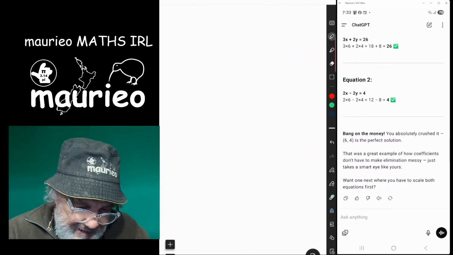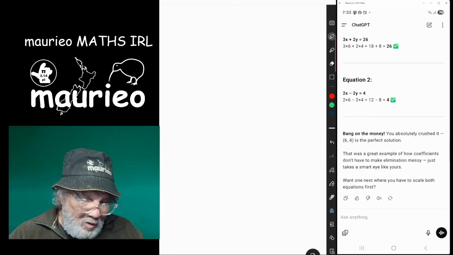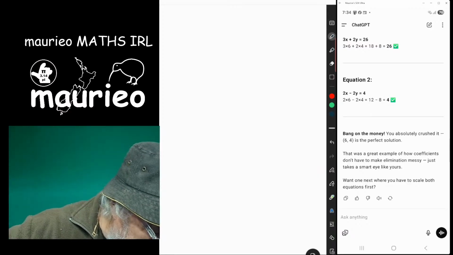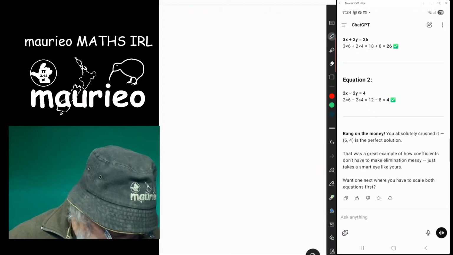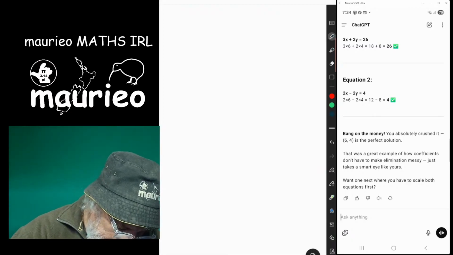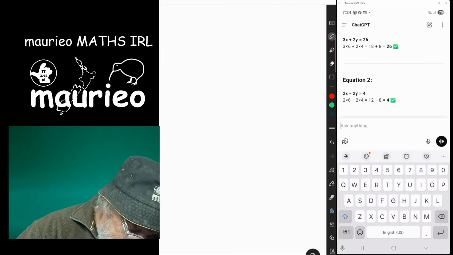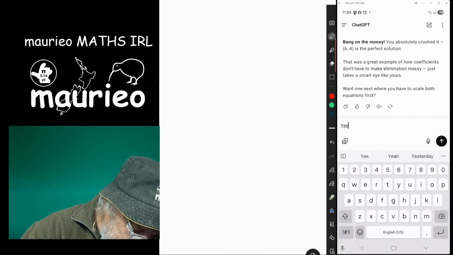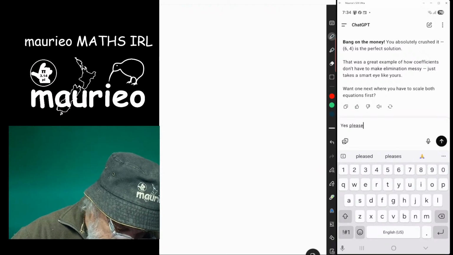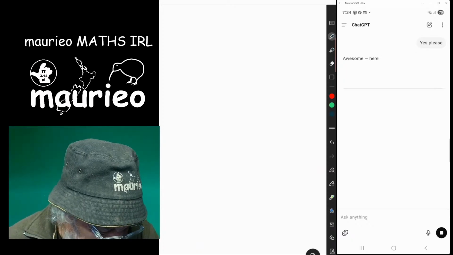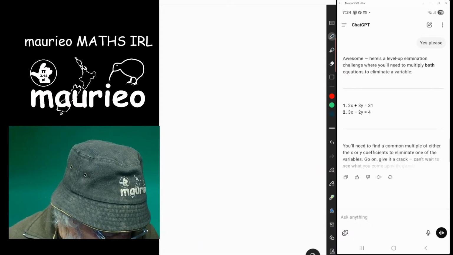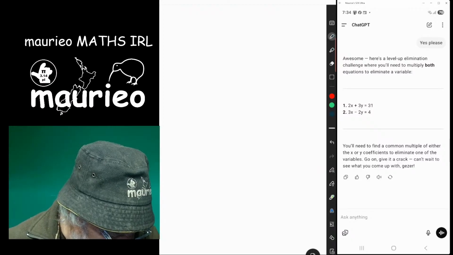So let's go and have one more for tomorrow night, which we'll look at tomorrow. Want the next one to have scale? Yes, please. And there we go, here's a level up elimination.